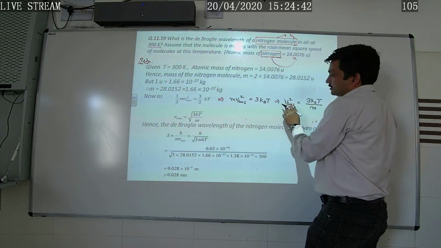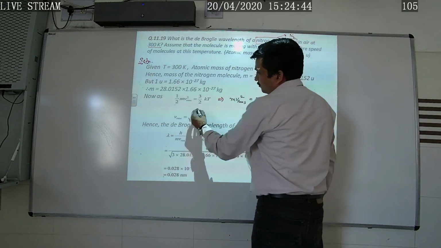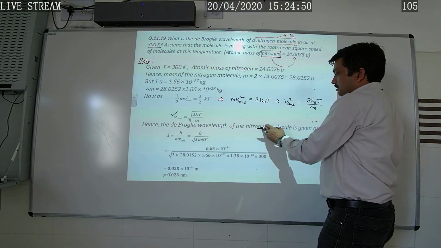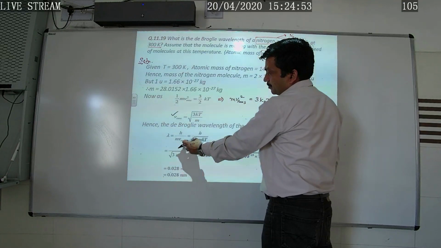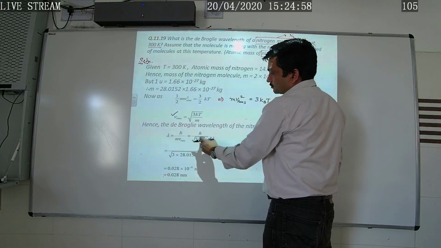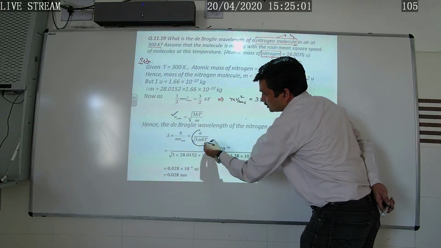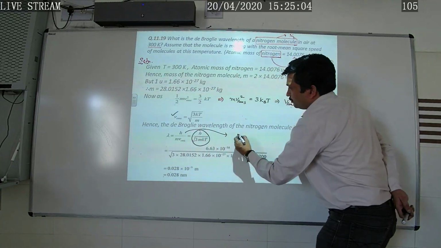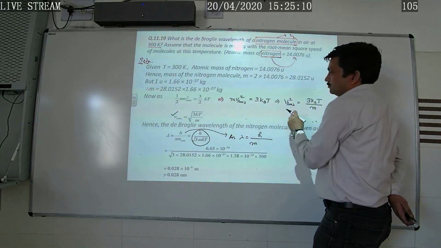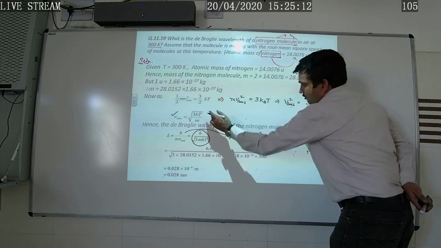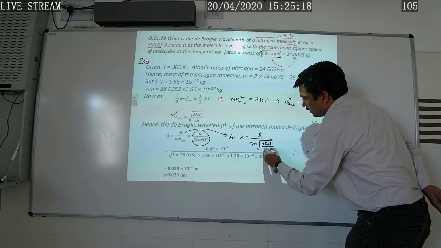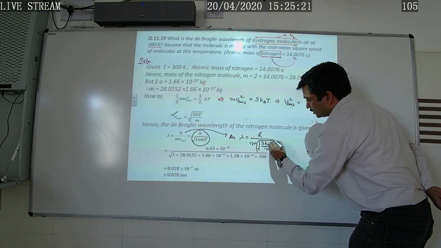Taking the square root, we get v_rms. Now the de Broglie wavelength for the nitrogen molecule is found by putting the v_rms value: lambda equals h over m times v_rms, substituting v_rms as the square root of 3 kBT over m.